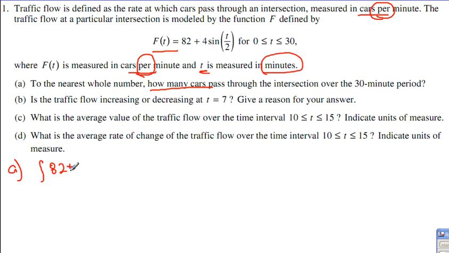The integral of 82 plus 4 sine of t over 2 dt from 0 through 30. Right now, let's try to put that into our calculators.